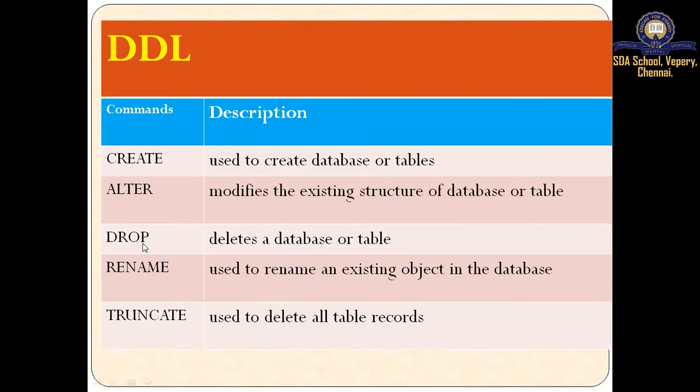Are you able to follow? For example, if a table contains 5 records, truncate can delete all the records and make the table blank, but the structure of the table still exists. Whereas drop is quite the opposite of truncate. It will delete all the records plus the structure of the table.